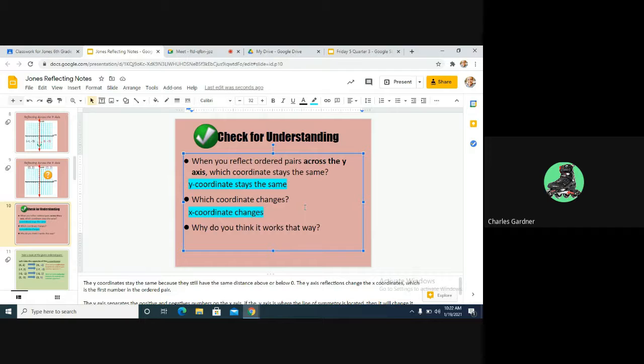Basically, yeah. Our next one, why do we think it works that way? I don't know. Why do you think you only change the x coordinate?